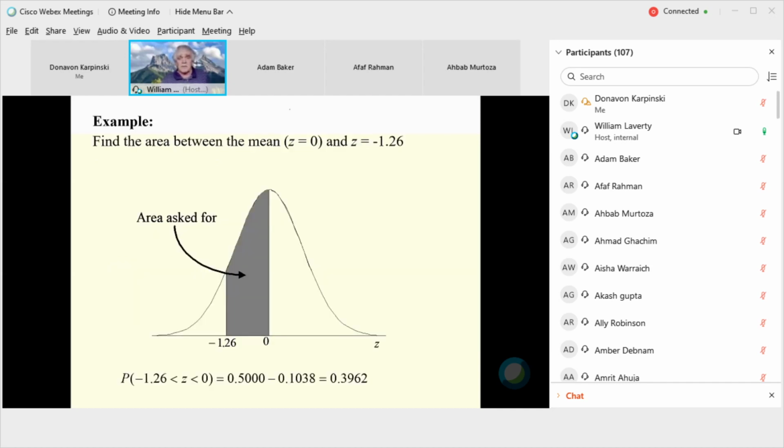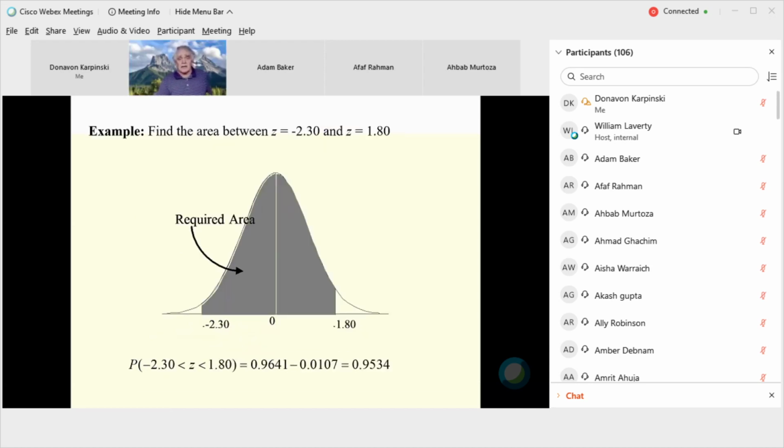Suppose I want the area between minus 1.26 and 0. The area below 0 is 0.500. The area below minus 1.26 is in the table, that's 0.1038. So the area in between is the difference. The area between minus 2.30 and 1.80.